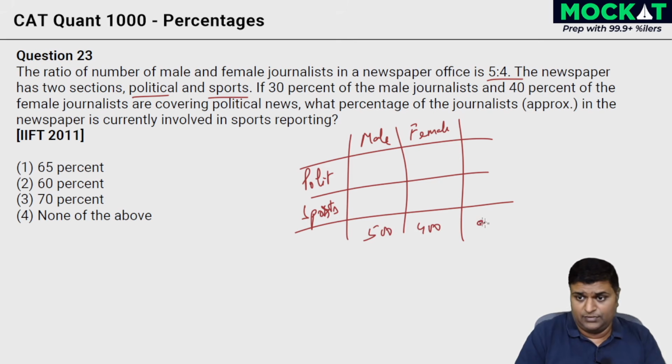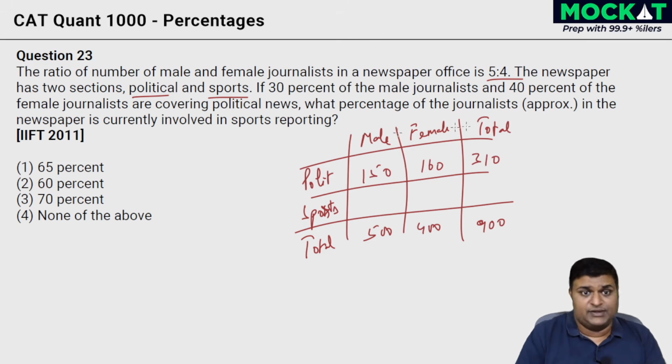So total comes to 900, grand total. 30% of the male journalists and 40% of the female journalists are covering political news, which is 150 and 160. That's a total of 310.